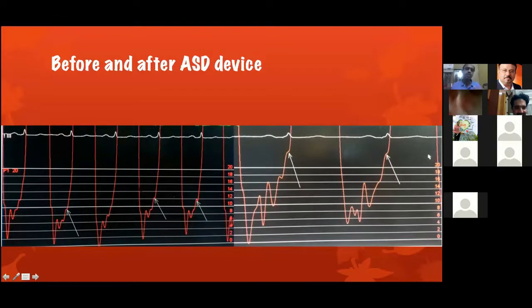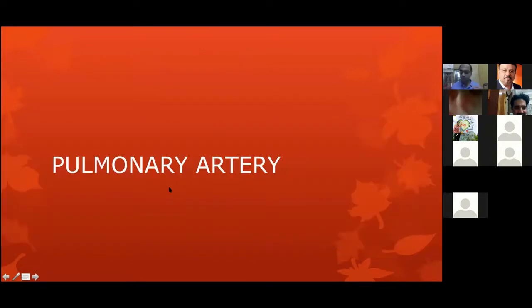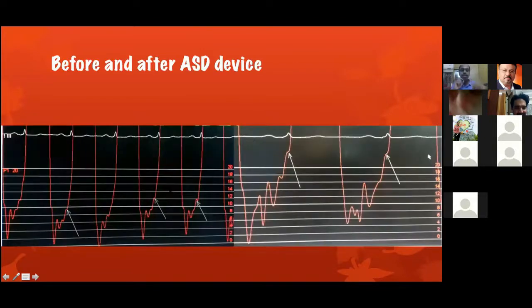Now let us go back to the basics of this. Fortunately, whenever left ventricular end-diastolic pressure is high, immediately it reflects on the left atrial pressure. And since there is a large ASD, it reflects on the right atrial pressure. So every patient who is having an elevated left ventricular end-diastolic pressure will transmit the pressure to the left atrium and to the right atrium.